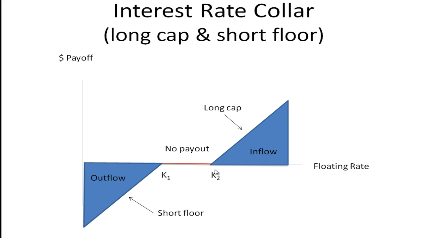So if the interest rate goes above K2, then the long cap position pays out and there's a cash inflow. If the interest rate falls below K1, then there's a cash outflow, because the short floor position requires a payout. And if the interest rate stays between K1 and K2, there's no payout at all. So this is a case where both of these positions expire worthless.